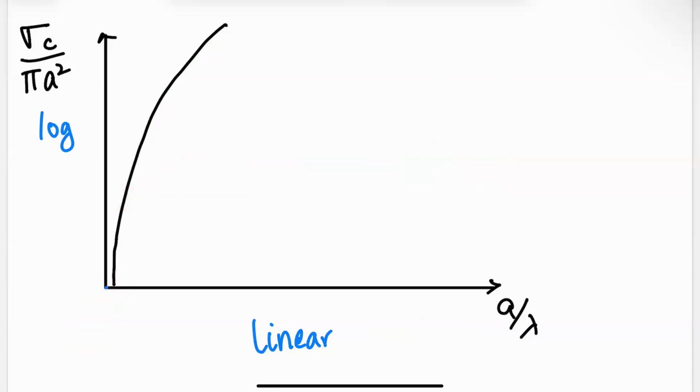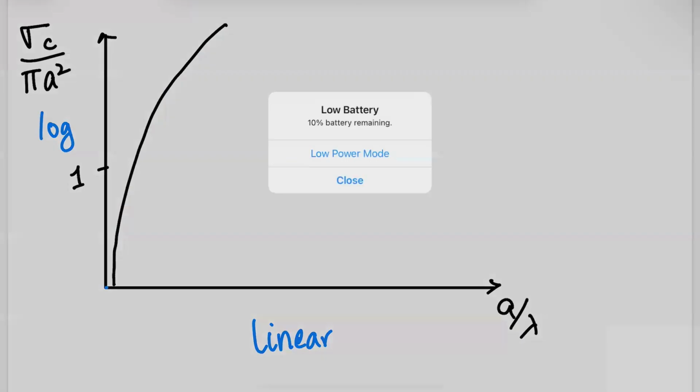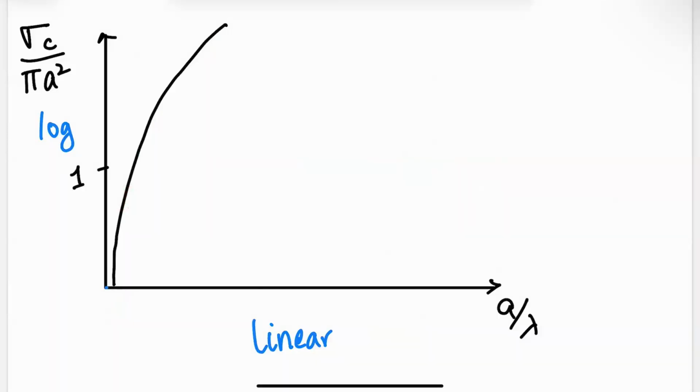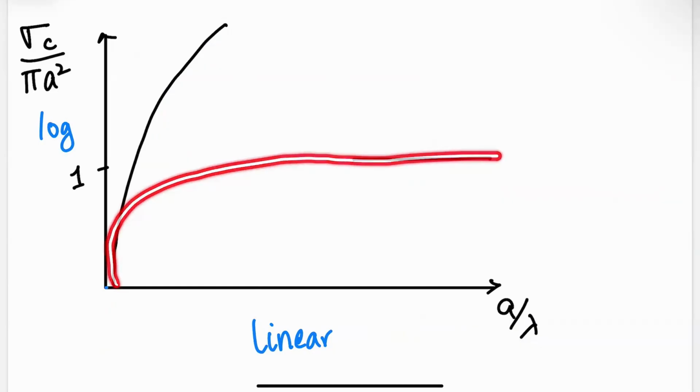And we know in high frequency this becomes equal to 1. So let's say this is 1, then it becomes equal to 1 at high frequencies. Of course, this low frequency approximation breaks down at some point, and you would expect that maybe this goes asymptotically like that.